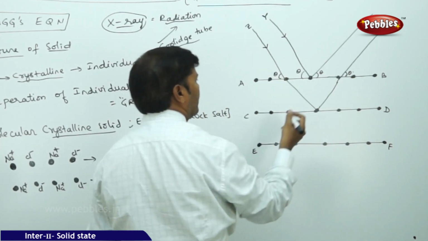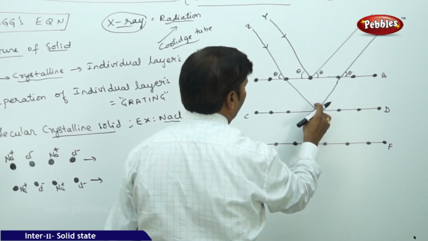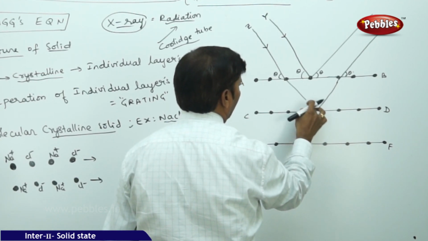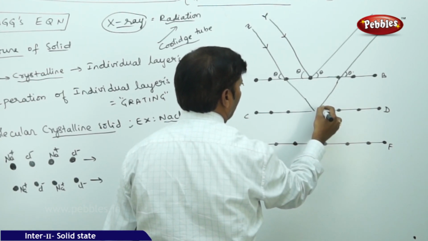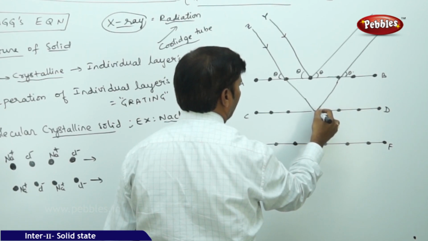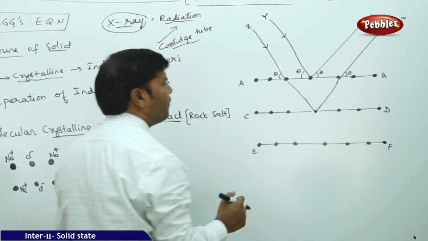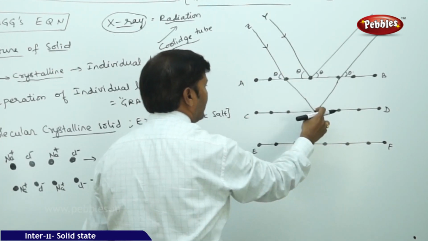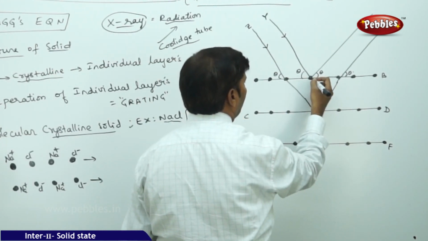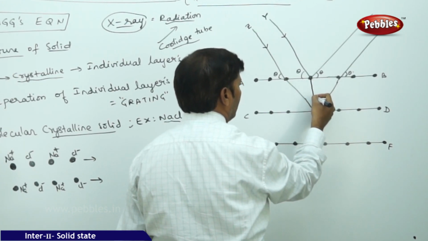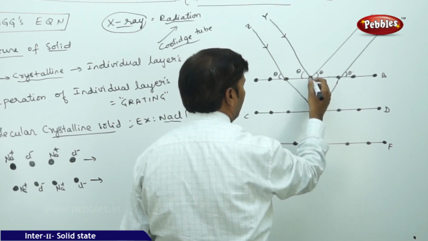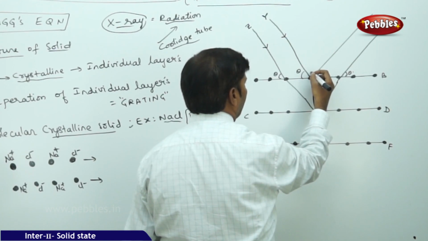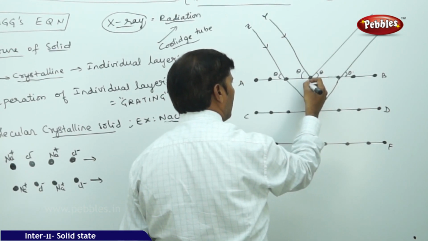Here you can find one particular point where the second X-ray radiation is traveling up to a distance. This is the interplanar distance, and I am going to extend the perpendicular here also.